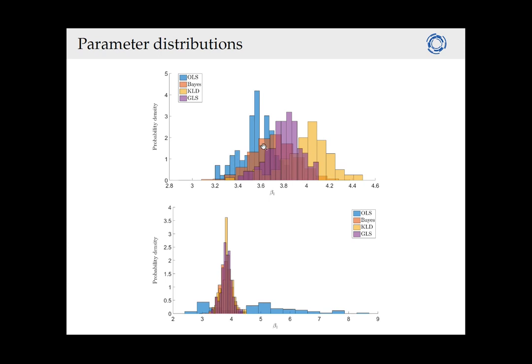So you see that in the log linear case, there is a relatively good correspondence between those histograms, but if you look on the nonlinear scale, you see that ordinary least squares is all over the place with the estimate of the slope parameter, whereas the robust methods are much more in correspondence.